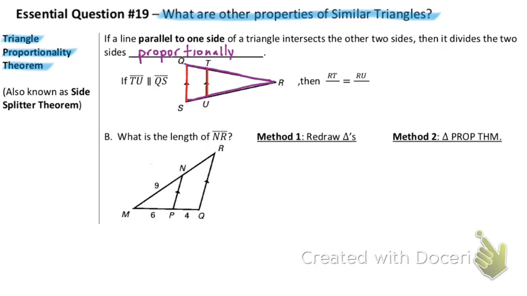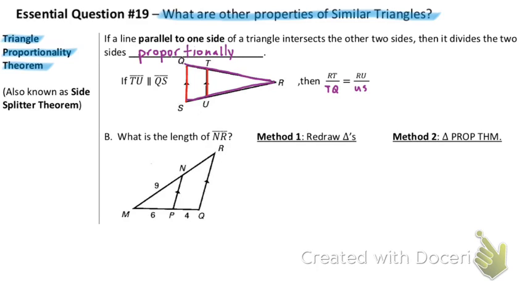Which means we can take these sides and create fractions out of them. For example, because of this theorem, we could then say RT, which is this guy, makes a fraction with TQ, and will be equal as a proportion with RU over US.